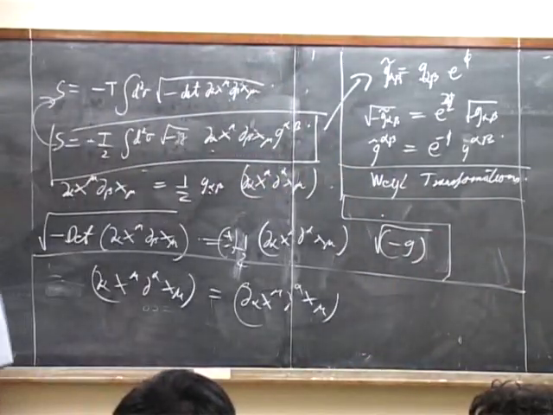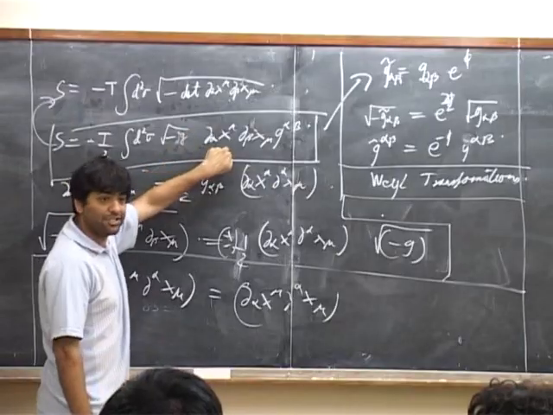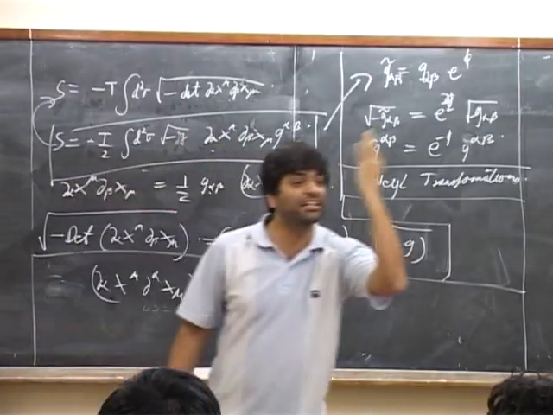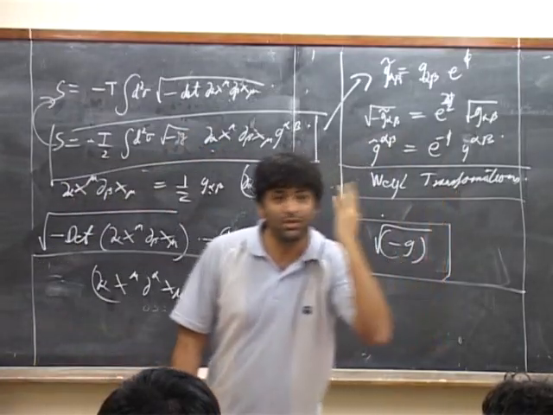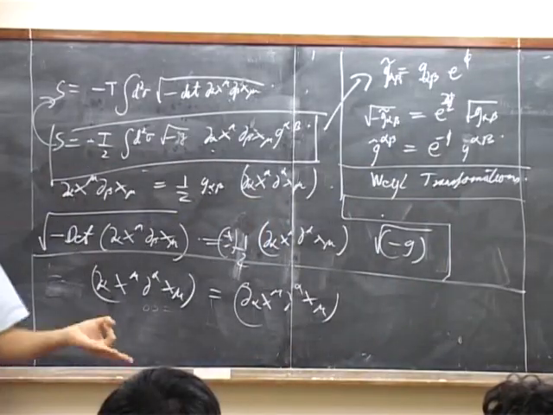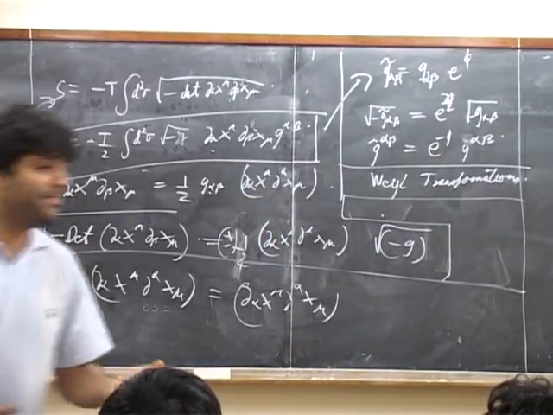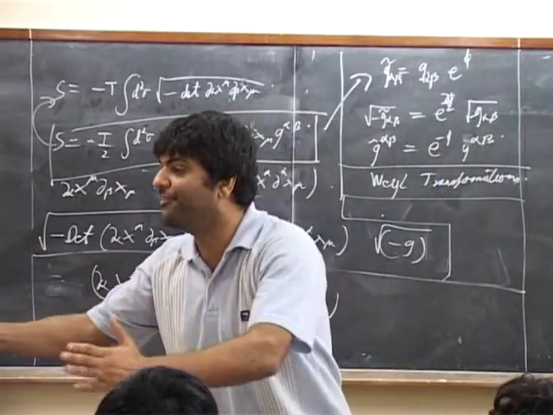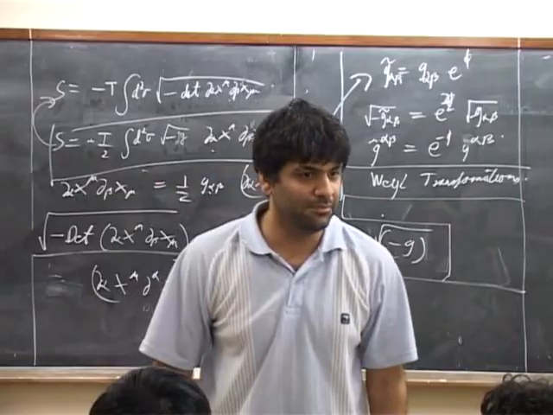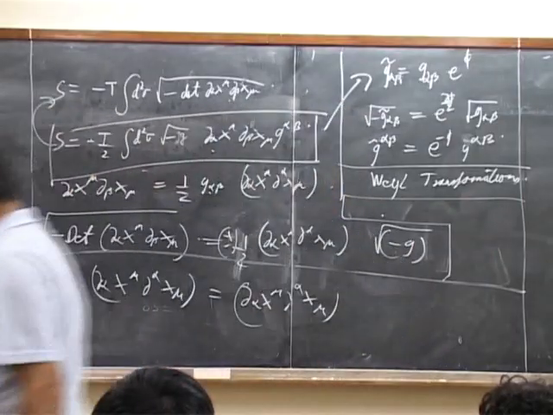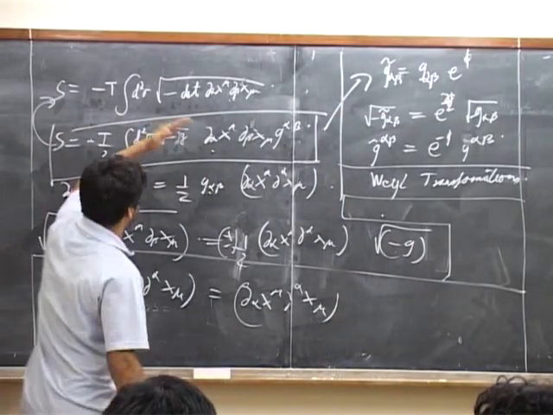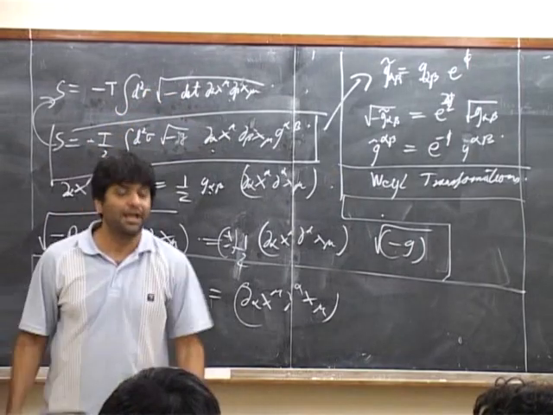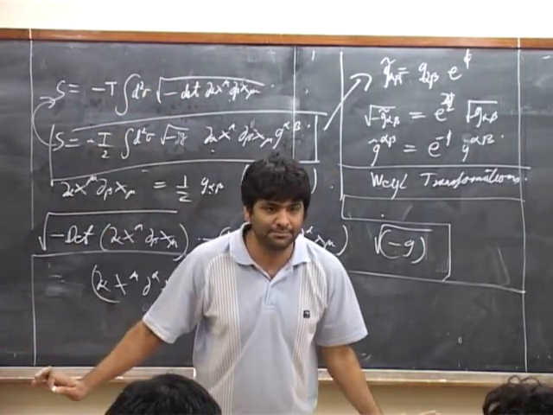Now, once we've gone to this new form of the action, we have inherited a third gauge invariance. Two solutions should be regarded as the same physical solution if they differ by either reparametrization invariance or by Weyl rescaling.